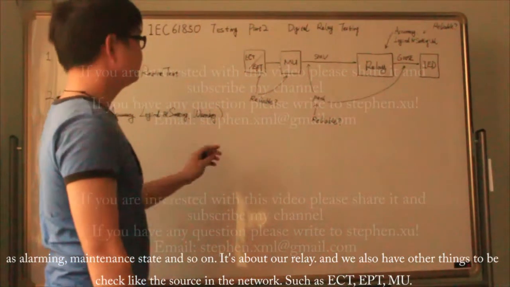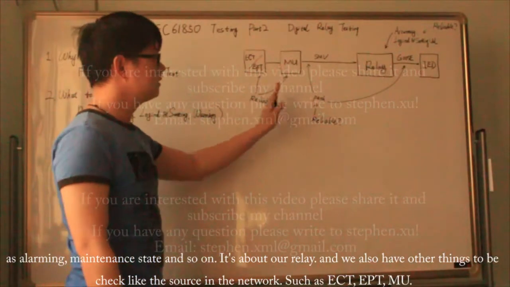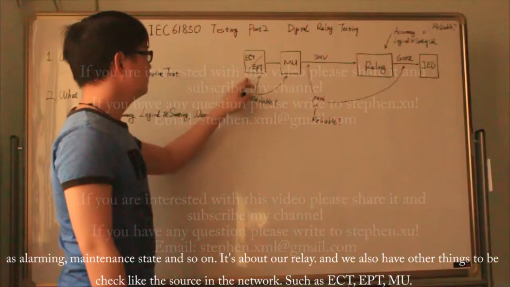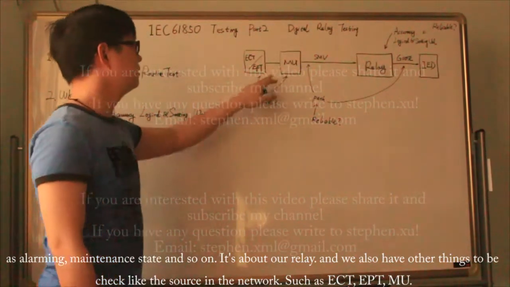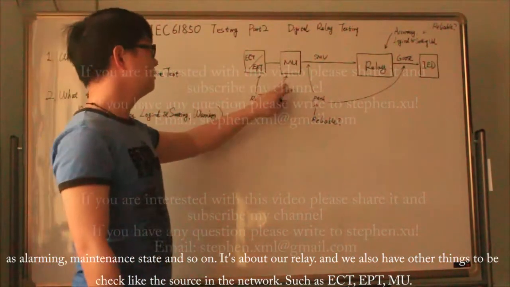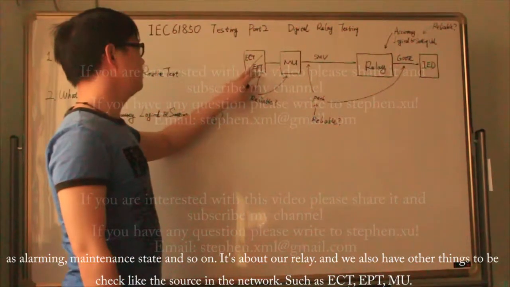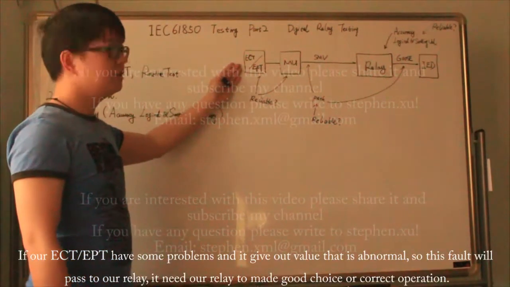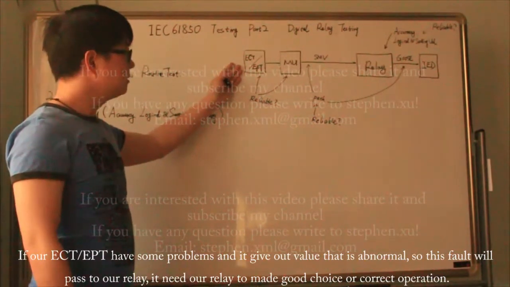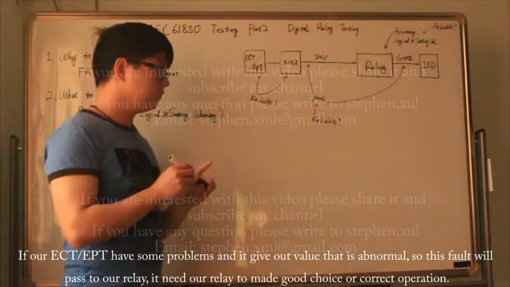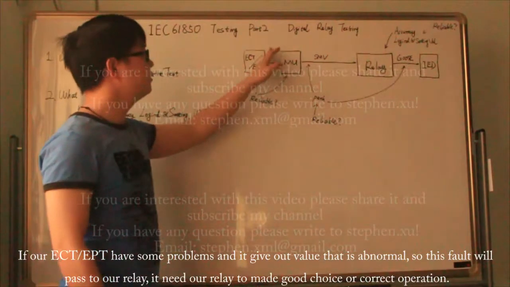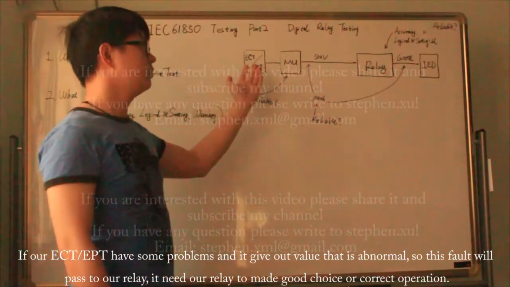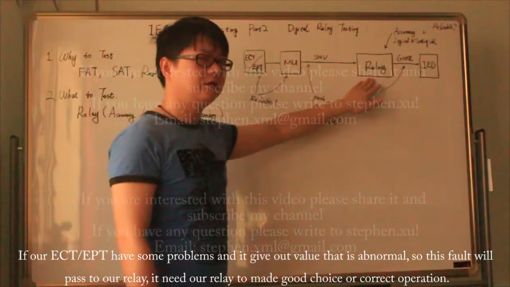And we also have other things to be checked, like the sources in the network, such as the ECT, EPT, MU. If our ECT or EPT has some problem and gives out an abnormal value, this fault will pass to our relay.